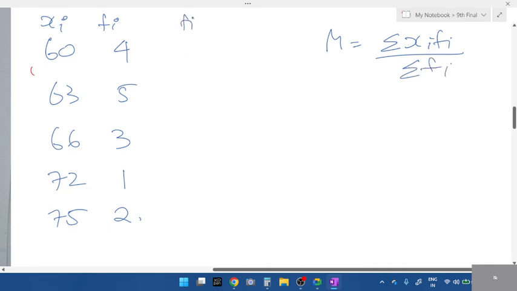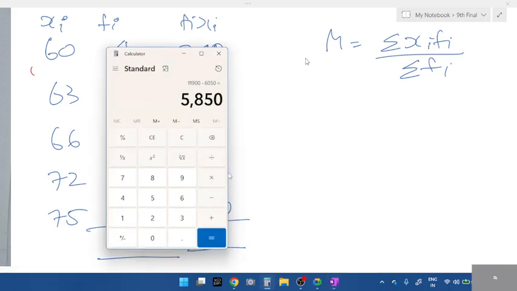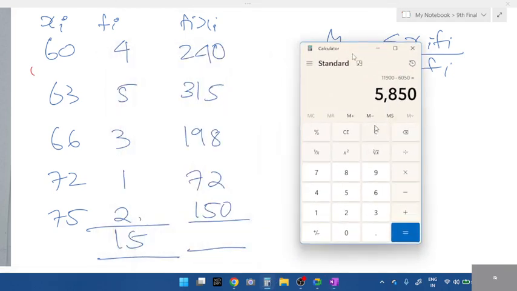For that, we need fi xi value, students. What is fi xi? 240. Next. Very good. What is fi? What is xi fi? Hmm? Both are giving different answers.